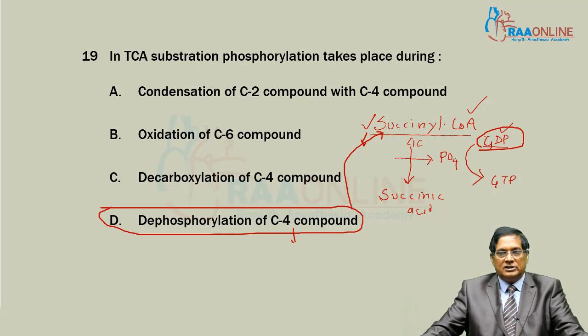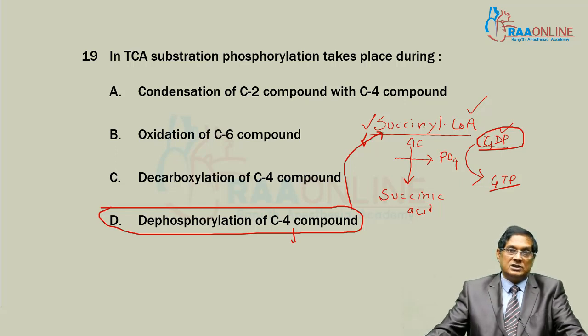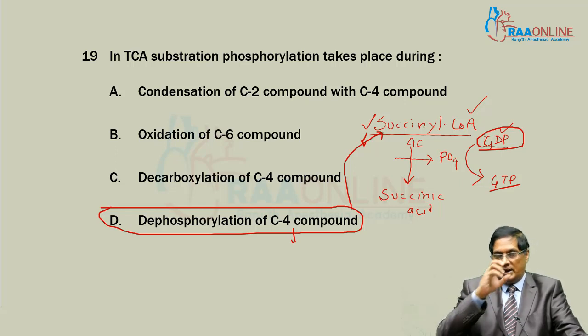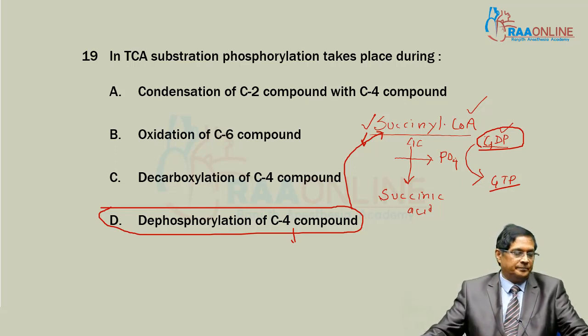Then only GTP formation is possible. So this is an indirect question. You must learn each and every step of the Krebs cycle and use your full knowledge for attempting such types of questions.